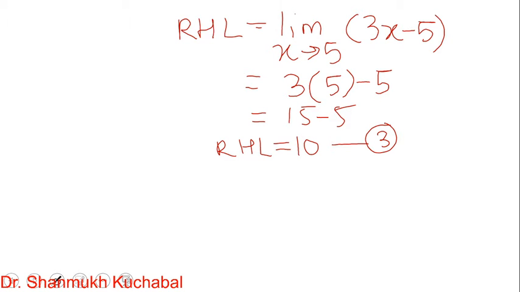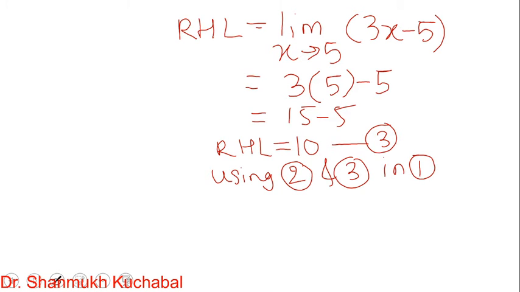Now we use equation 2 and equation 3 in equation number 1. Equation 1 is LHL equal to RHL, so LHL is 5k plus 1 and RHL is 10.